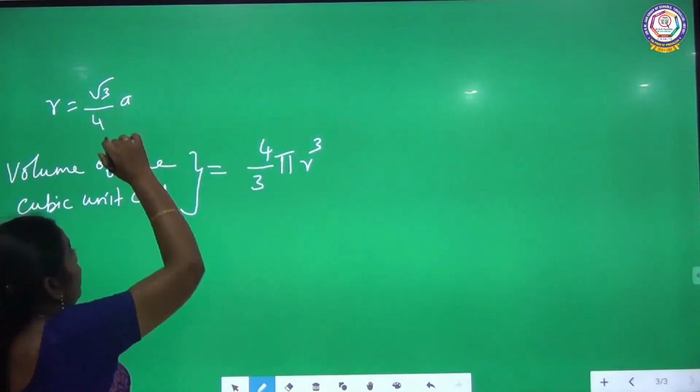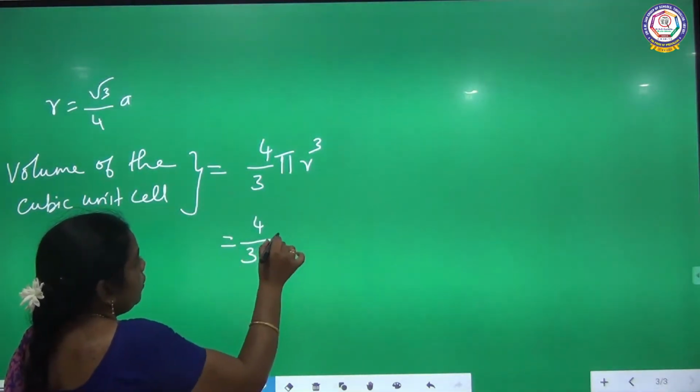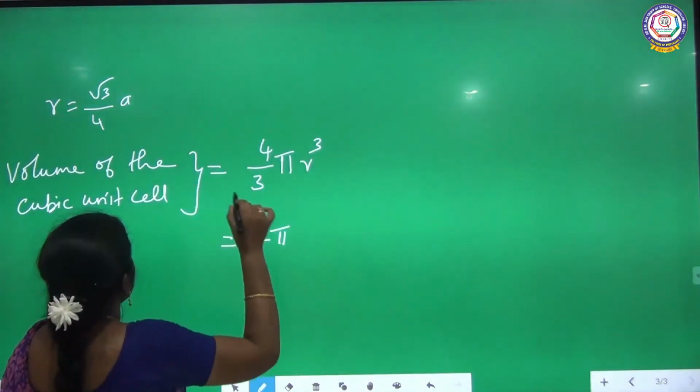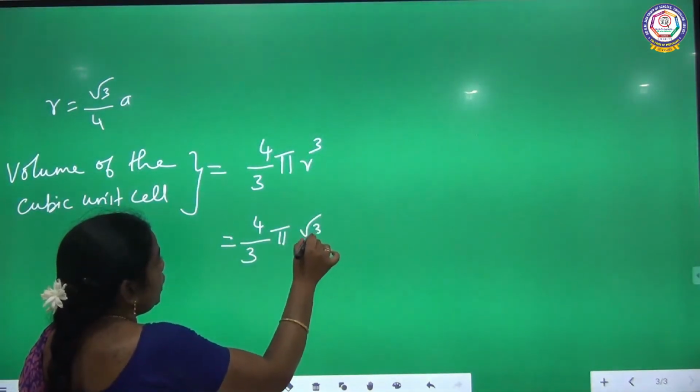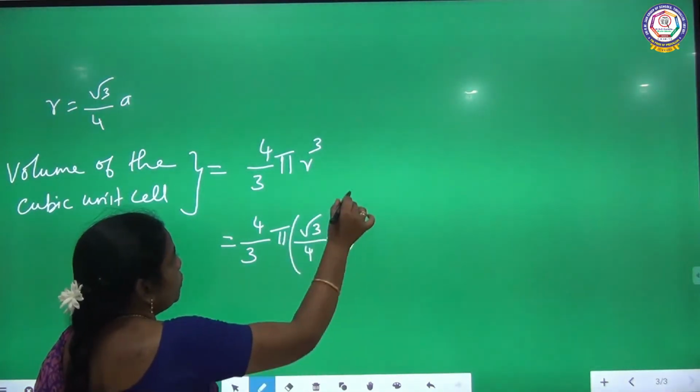Now you substitute the value of r: 4 by 3 pi, root 3 by 4 a, whole cube.